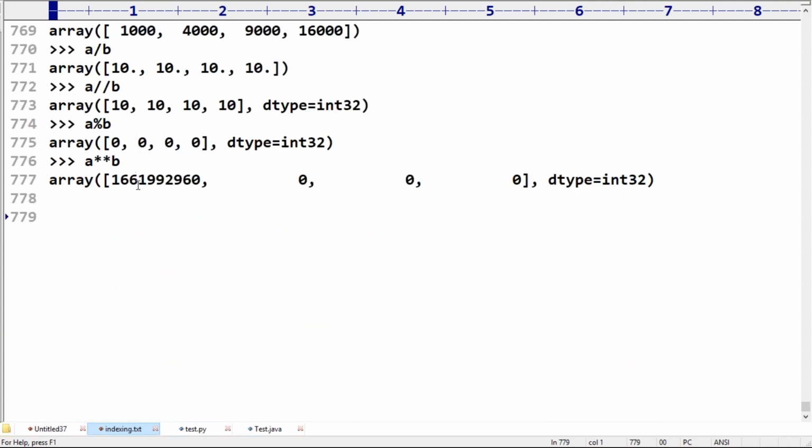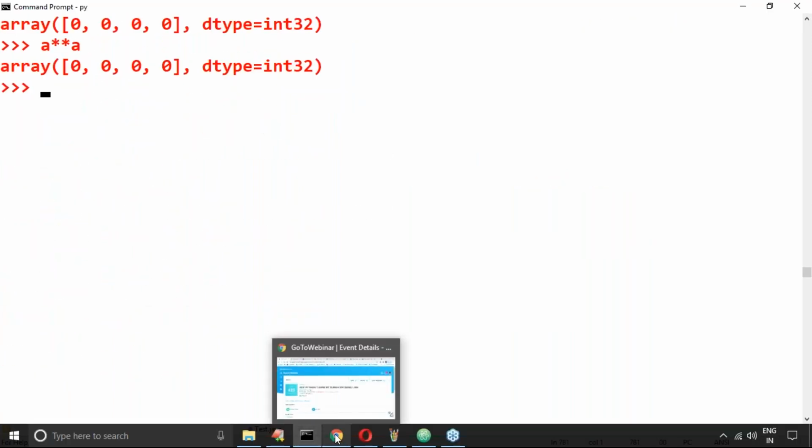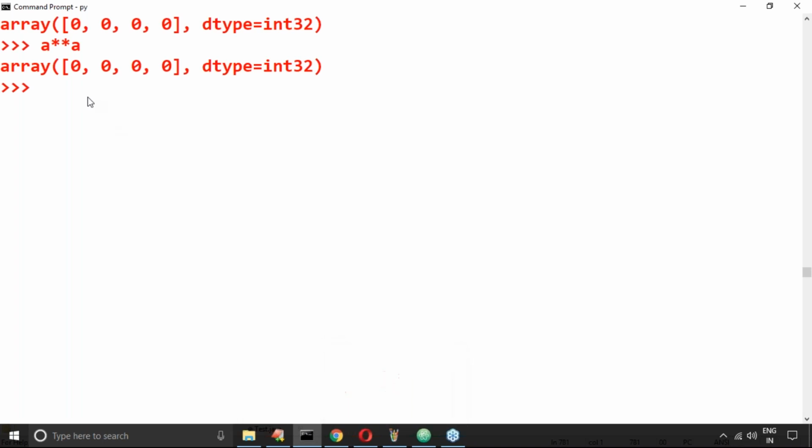Can I go to the next level or not? Let me perform some operations on a two-dimensional array. How can you do that, sir? Now a is equal to np.array of nested lists, say 1, 2, 3 and 4, 5, 6.